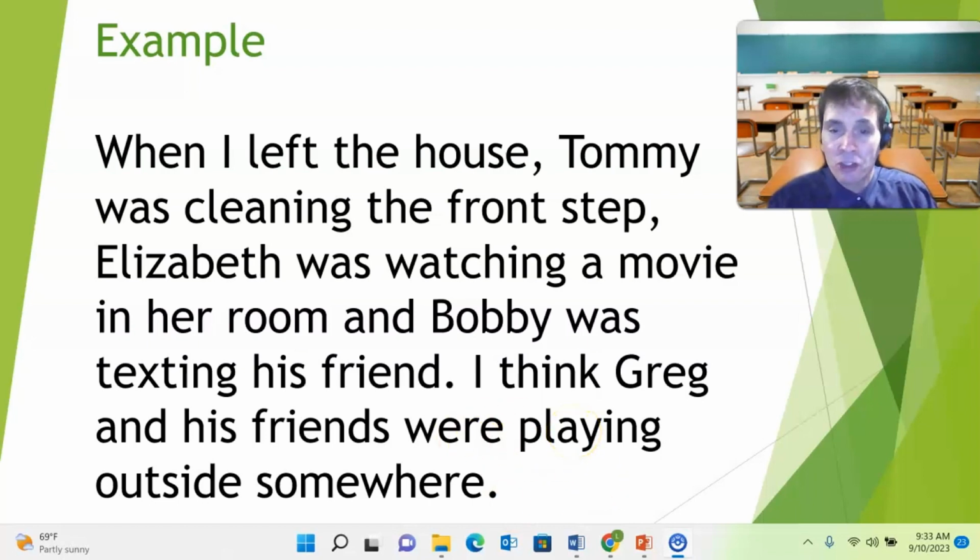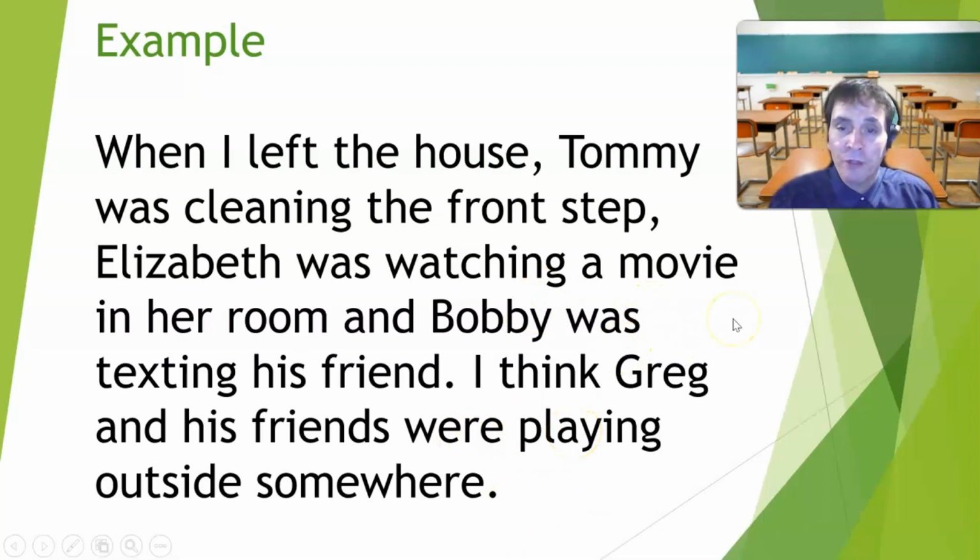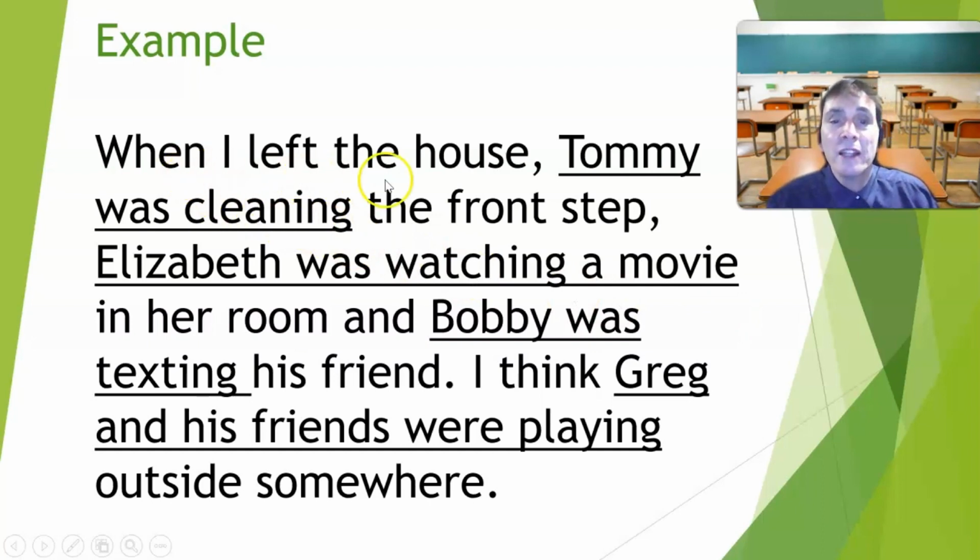Let's take a closer look and we'll read it once more as well. When I left the house, Tommy was cleaning the front step. Elizabeth was watching a movie in her room, and Bobby was texting his friend. I think Greg and his friends were playing outside somewhere.